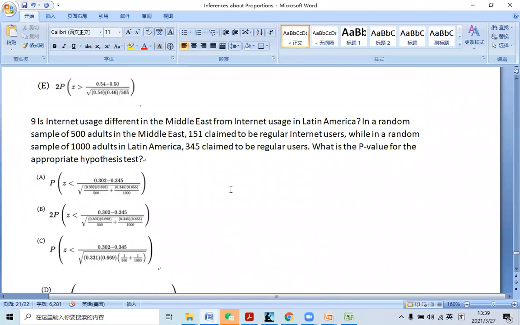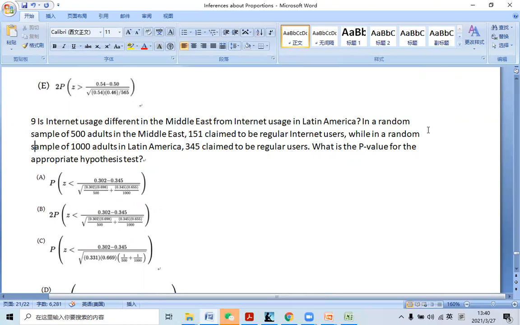Yeah. For question 9, actually we did question 9 last time, right? Let's do it again. The internet usage between the Middle East and Latin America, and you have a random sample of 500 adults in the Middle East and 151 claimed to be regular internet users.